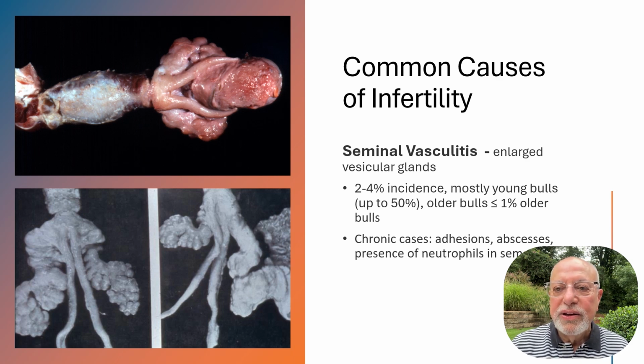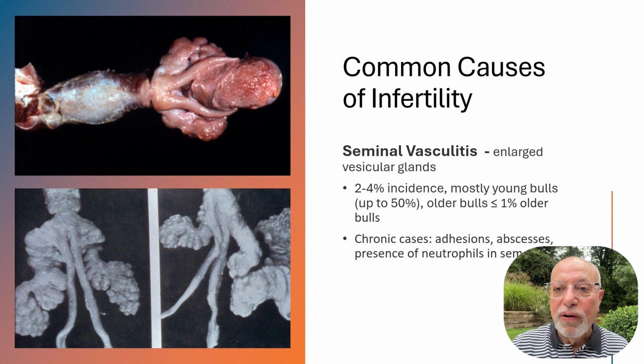When you have this condition, I insert my hand in the rectum and try to identify the seminal vesicles. They are almost in a similar area as where you would find the cervix in the cow. So the location is very similar, but you are feeling different things.